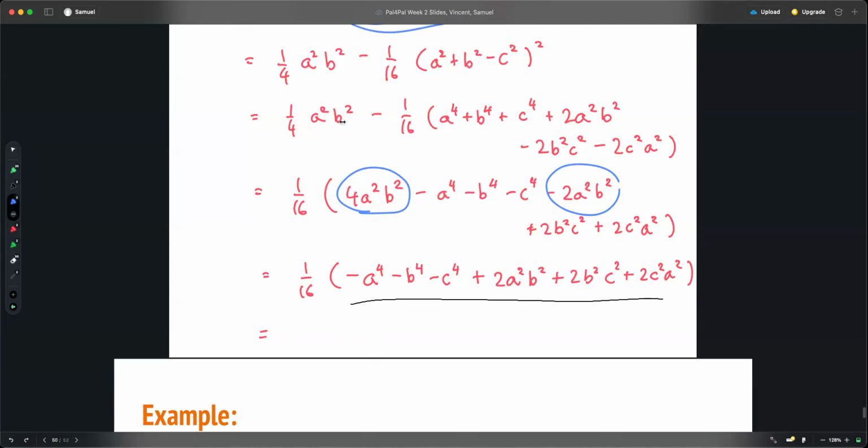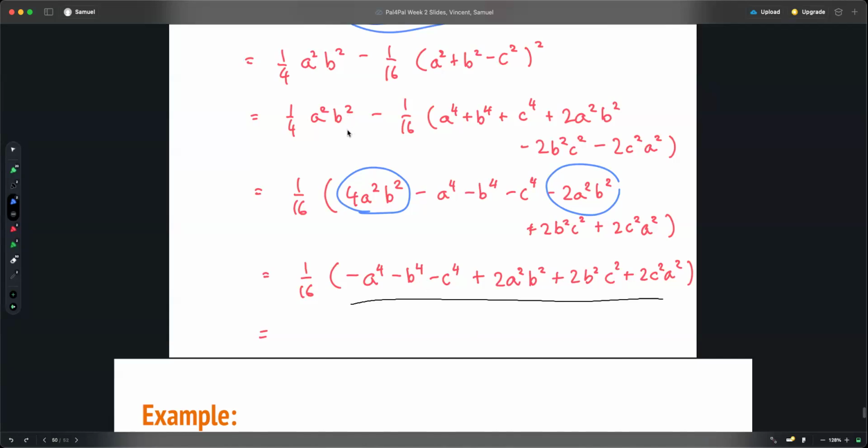Factor it? Alright. Okay. So if we say that A is equal to B is equal to C, okay, wait. Oh yeah, okay, that's fine.